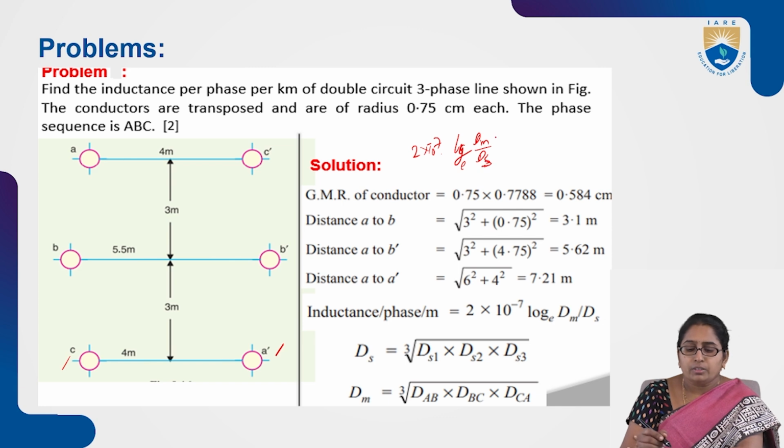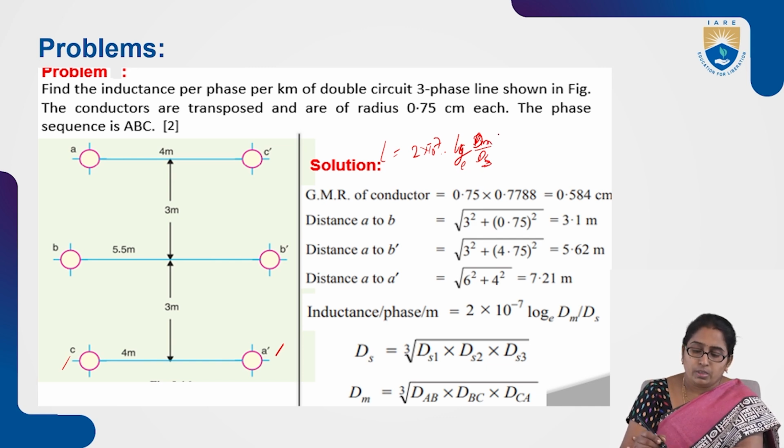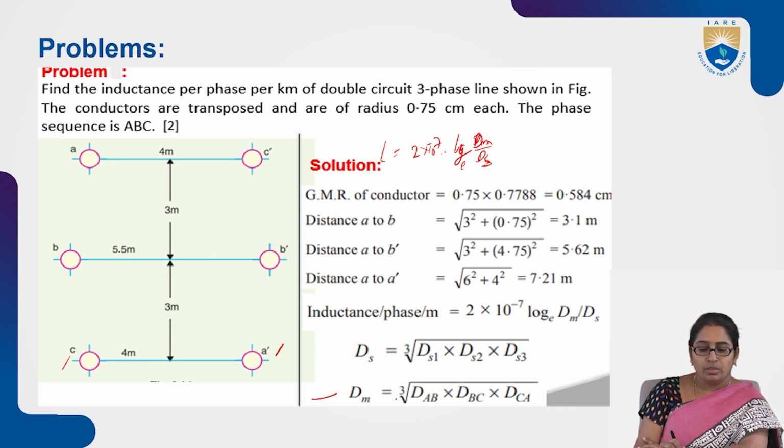So what is Dm? Dm is the total mutual GMD, given by the cube root of DAB, DBC, DCA.